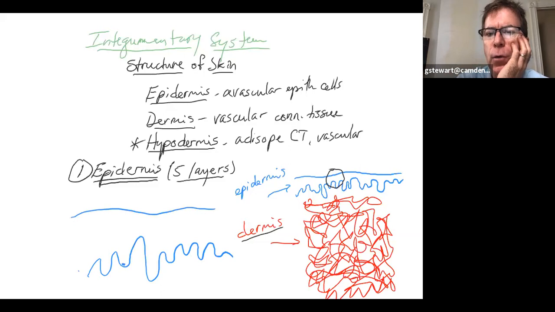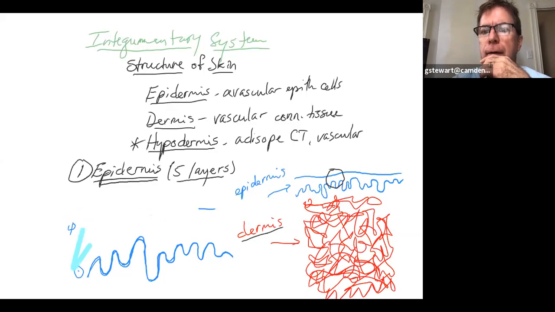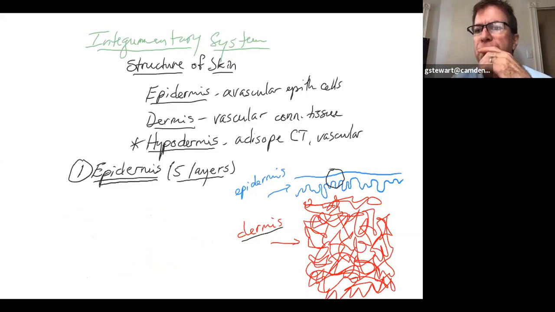So it goes like this. When we number them, they go 1, 2, 3, 4, and 5. So it goes from the deepest layer of the epidermis is number 1 up to the surface, which is number 5. So let me just erase this, and I'll start giving you some facts about those layers of the epidermis.